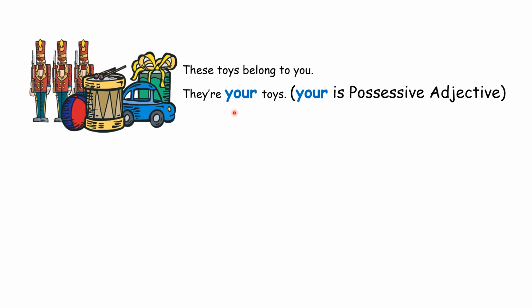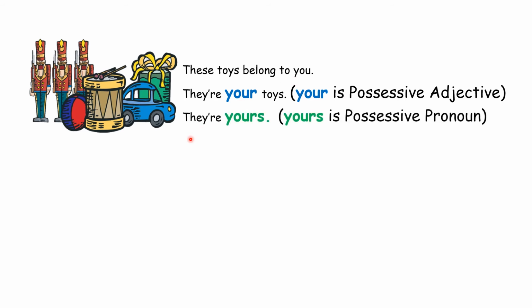They're refers to all these toys because there are many, and your is the possessive adjective for the word you. Or we can also say, "They're yours." Yours is the possessive pronoun referring to you.